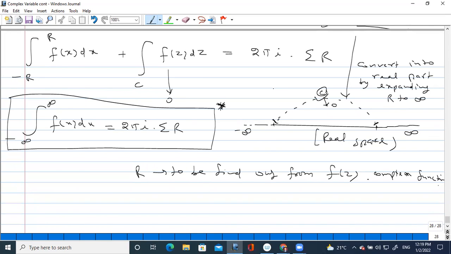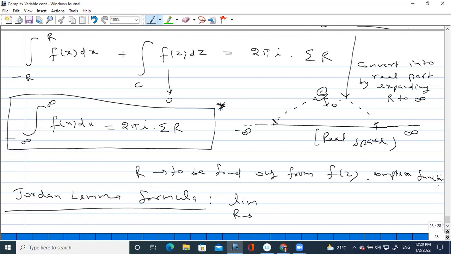So like this I have to do here, and this was given by Jordan's Lemma formula. So separately also we can see it. So what is Jordan's Lemma formula?